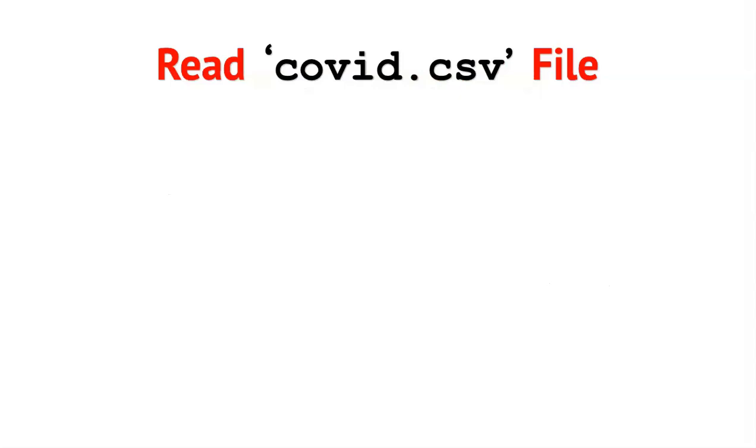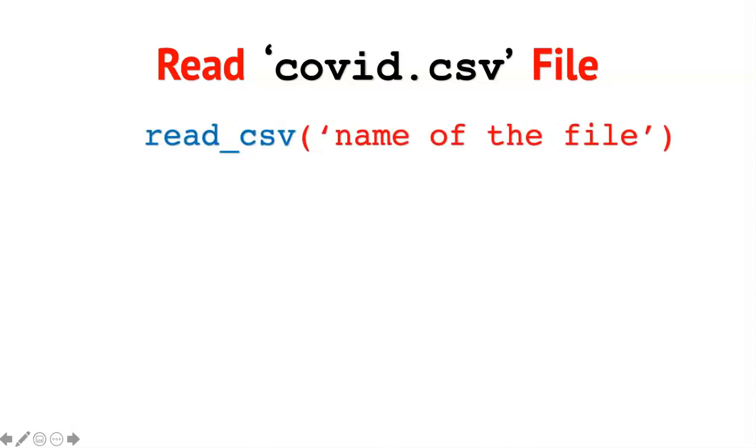Now we'll try a program to read this data of the covid.csv file. To read a CSV file, we need a read_csv function. And inside the parentheses of that function, we have to write the name of that file. So first we have to import pandas, as read_csv is a pandas function. Here pd is the alias for pandas.